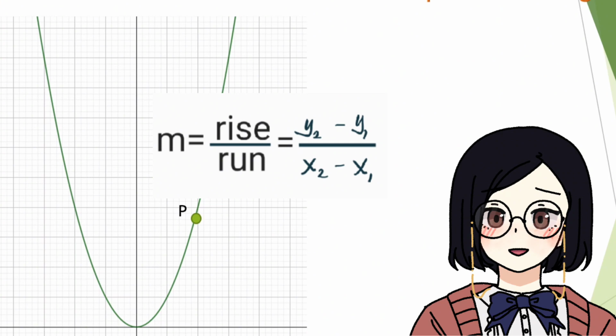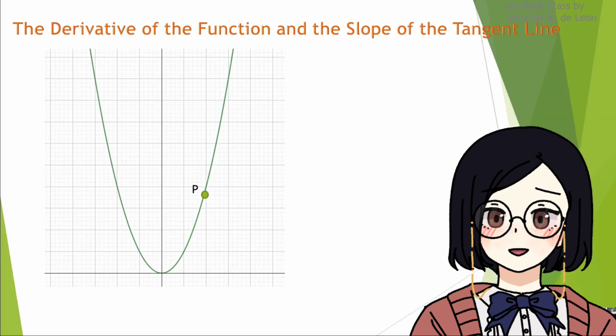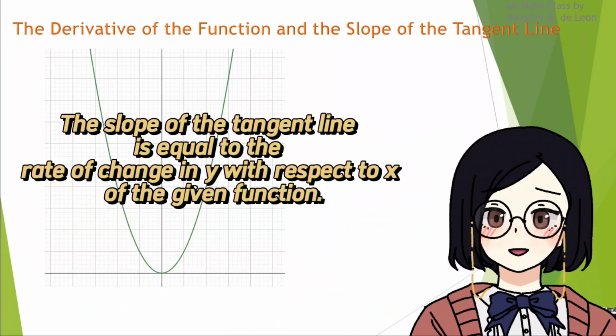Can we still use the same formula? In this case, if we would be able to determine a line that is tangent to the given function, then probably we can estimate the rate of change in y with respect to the rate of change in x in the given function.